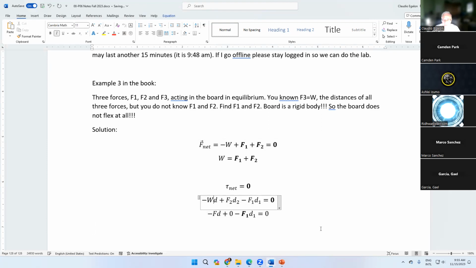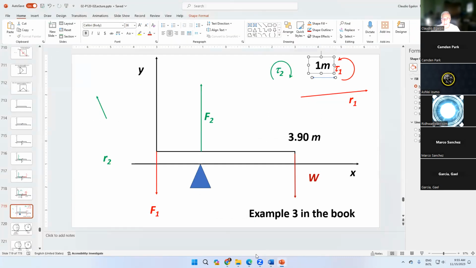Now we have W times the distance from the bolt. The book called it L, I'm going to put D. F2 produces a counterclockwise torque.